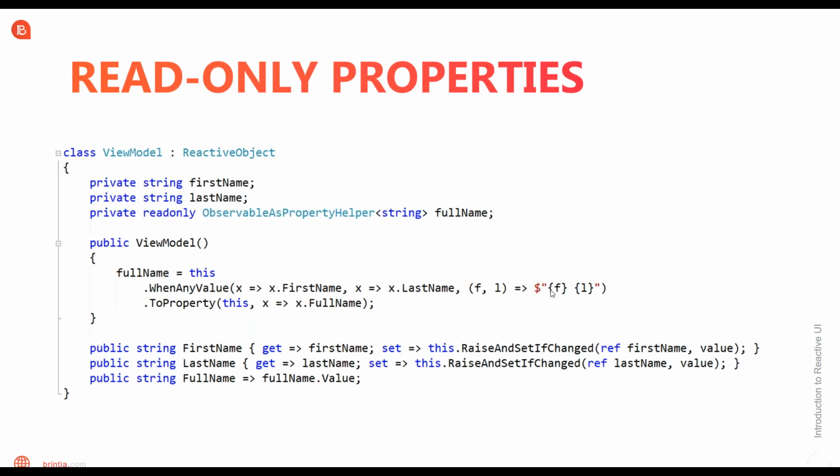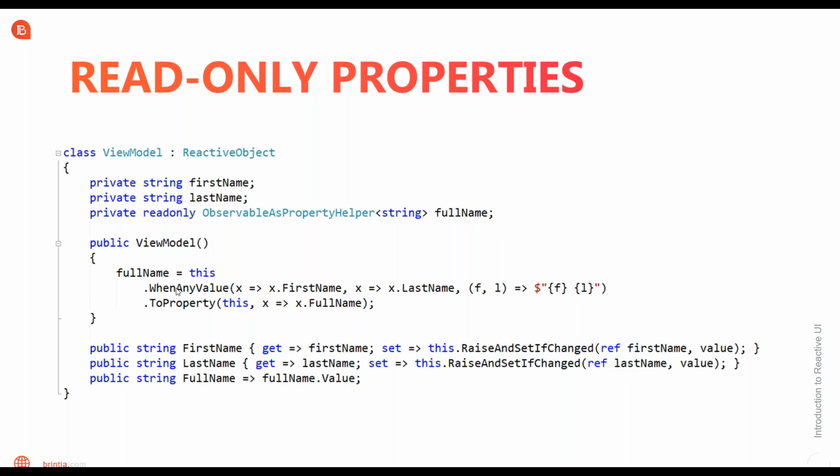We are creating, you see the dollar sign that creates a string with the first name and a space in the middle and the last name. And this call is projected to one property.